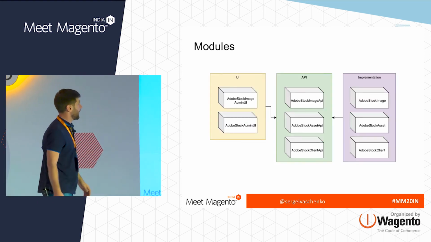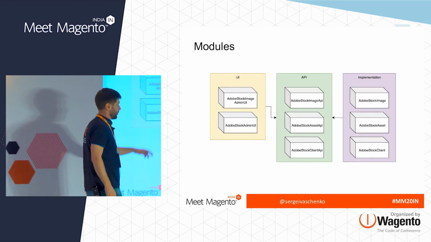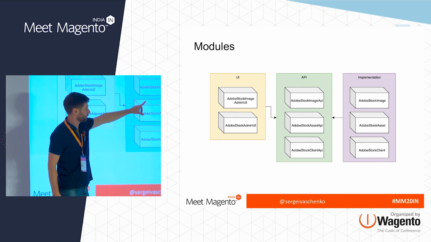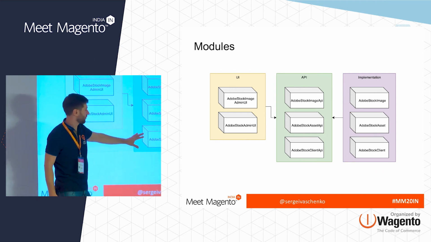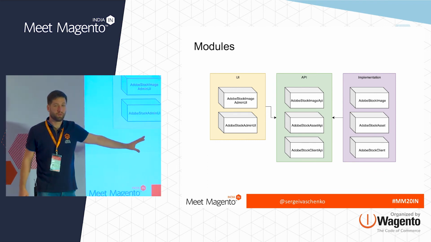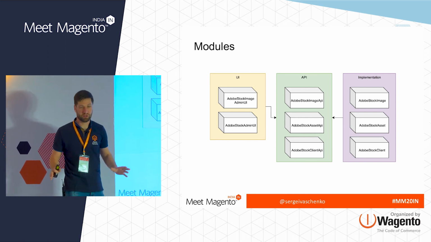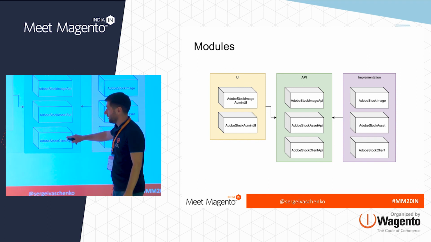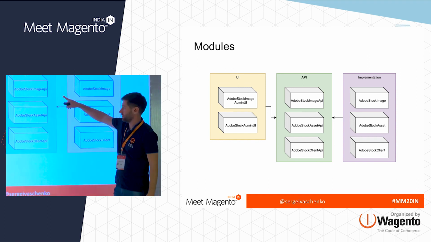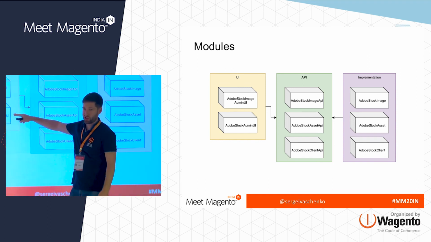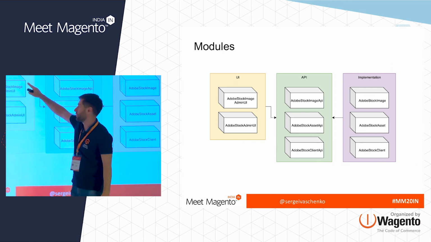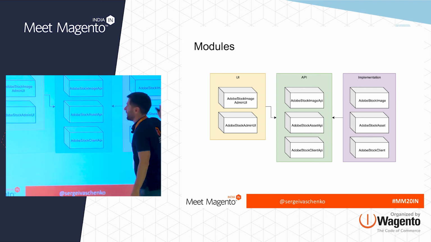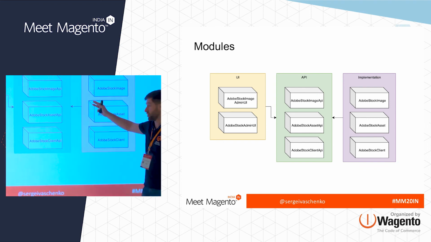We also have API modules for each of the core Adobe Stock modules, and I think that is a really great approach to developing a flexible package, because it enables customization. If you need to change the UI and you don't want to change the logic, you can replace the UI modules only without touching any other modules of Adobe Stock.